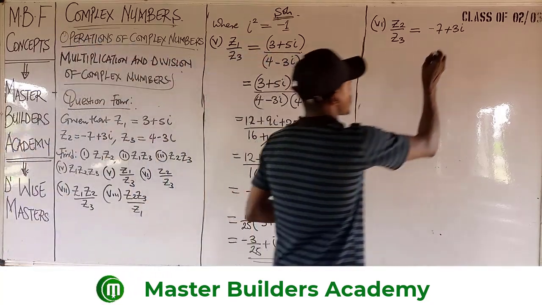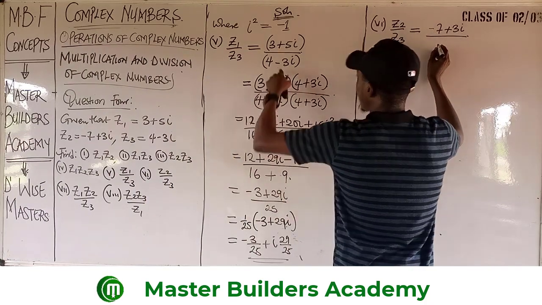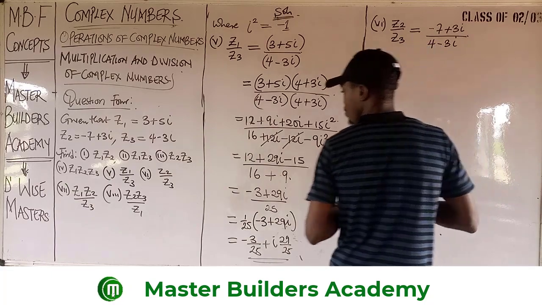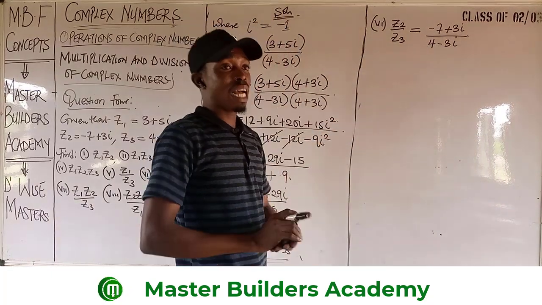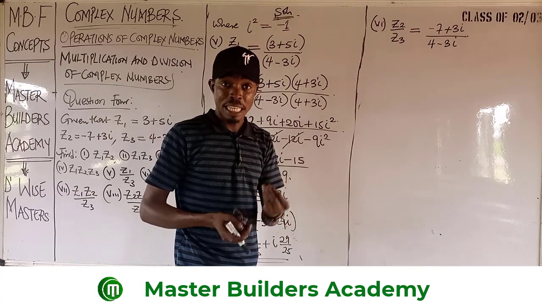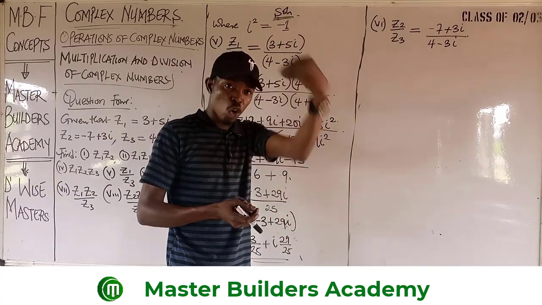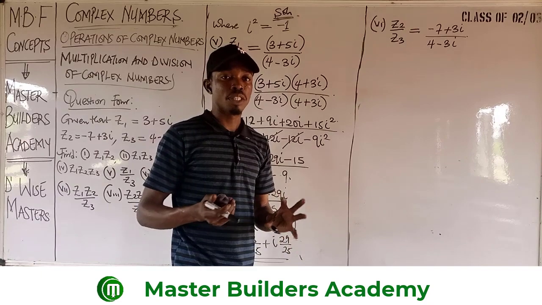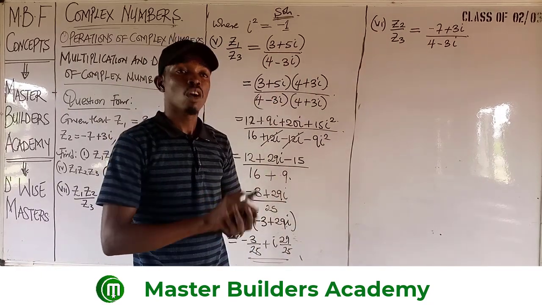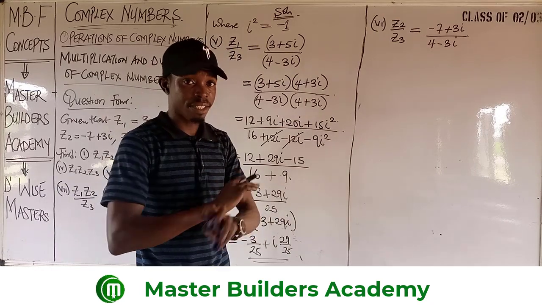Now, let's do it. So all over Z3 again is 4 minus 3i. This is what we have. Remember, any of them can be at the denominator. It doesn't really matter. All that matters is the ability to get the conjugate of what you have at the denominator. Then multiply the numerator and the denominator by that conjugate of the complex number at the denominator.